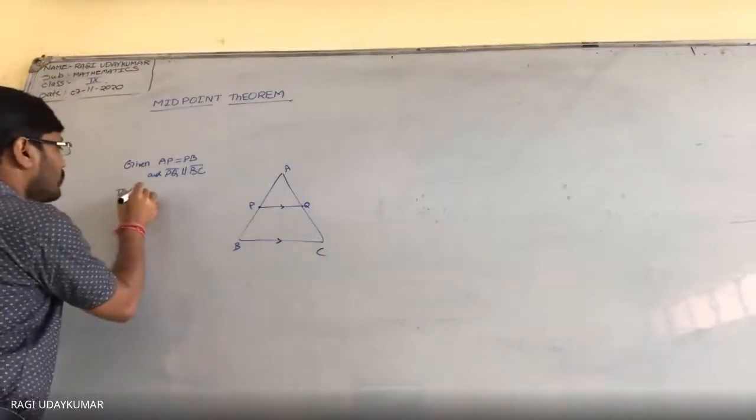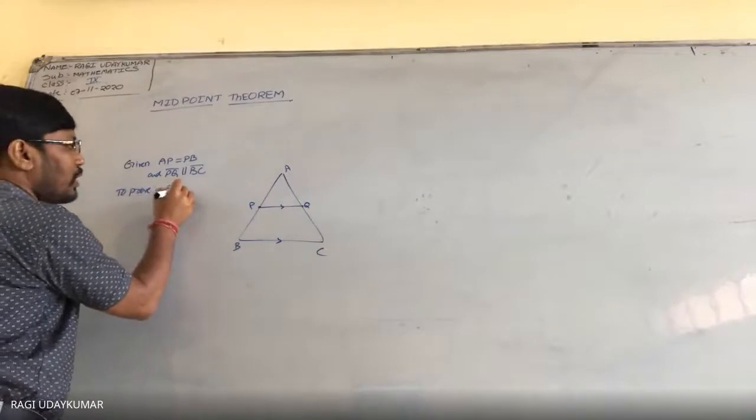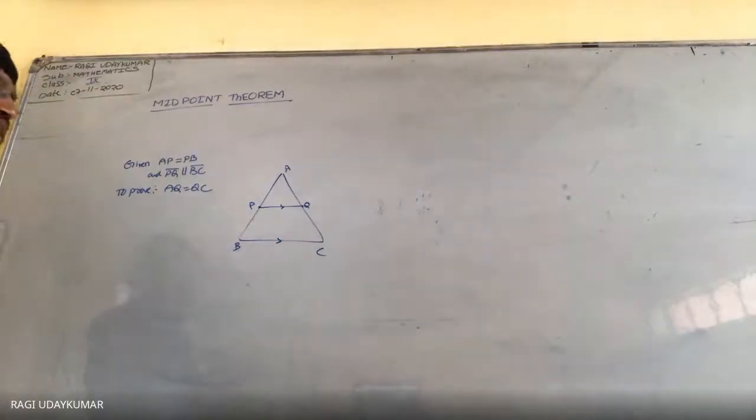To prove AQ is equal to QC, ये दोनों equal prove करना है. How do you prove? थोड़ा सा सोच लो. Sir, with the same diagram only, na? You can do the construction or something else.